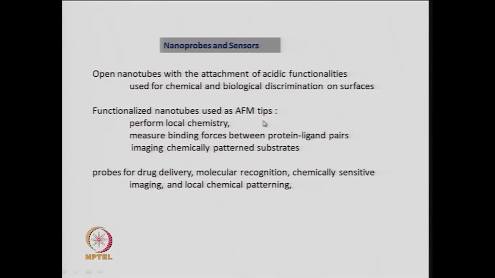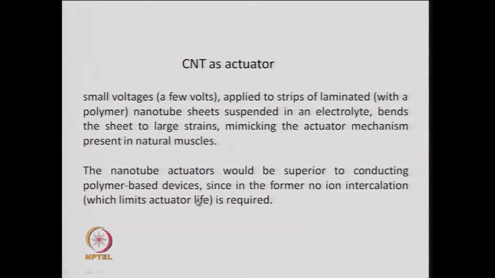So, the tip is moving over the pattern and the functionalized part is kind of imaging those chemically patterned substrates. So, that is possible using functionalized carbon nanotubes as AFM tips. Further, they can be used for other things like molecular recognition, drug delivery, and as we discussed doing chemical patterning.